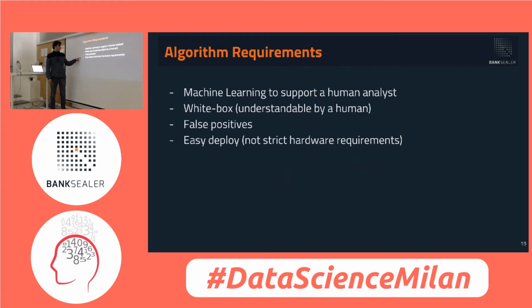The fourth requirement is that it should be easy to deploy, because if you're a startup in particular and you need to find new customers, you need to be very fast in showing the bank or your customer that you're good at your job. You can't ask them for very strict hardware requirements, or you're not going to be able to show them what to do.